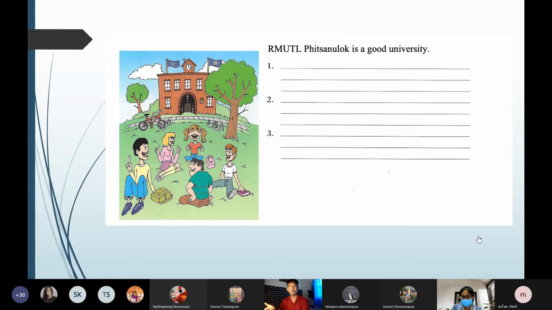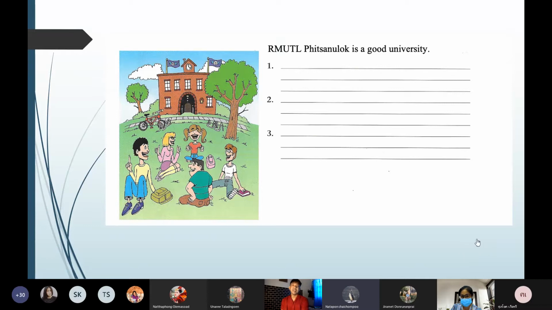Then you give details and examples. Mr. Natapon, right? Okay, then give me details. Why do you think it's a friendly university? Give examples. Because it has fewer students than the big universities, so people in the university can know each other.